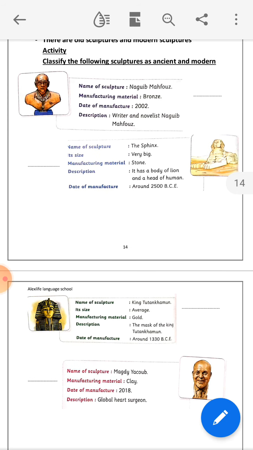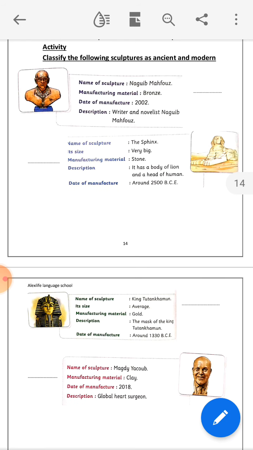The second one is a sculpture which is very big. It's called the Sphinx, made from stones. It has a body of a lion and a head of a human. It was made around 2500 BCE, and we talked about this previously, and we said that BCE means before common era, or before Christian birth.